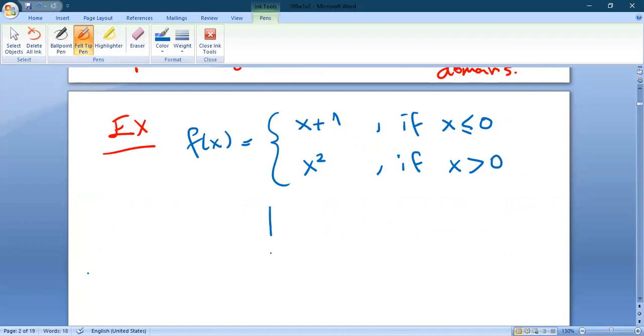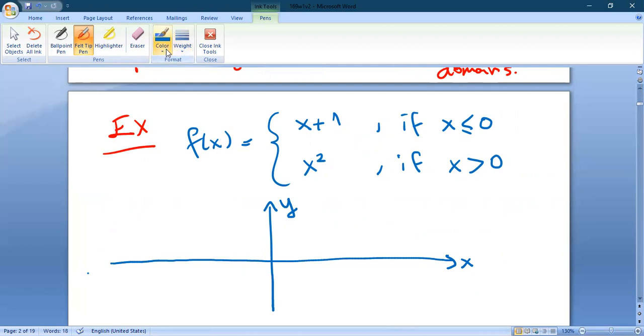So let's say this is x, this is y-axis. Now, this part is from minus infinity to plus infinity. This is where 0 is. Again, this is from minus infinity to plus infinity.